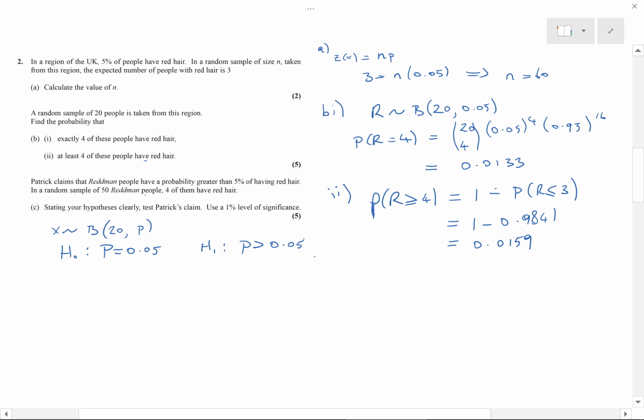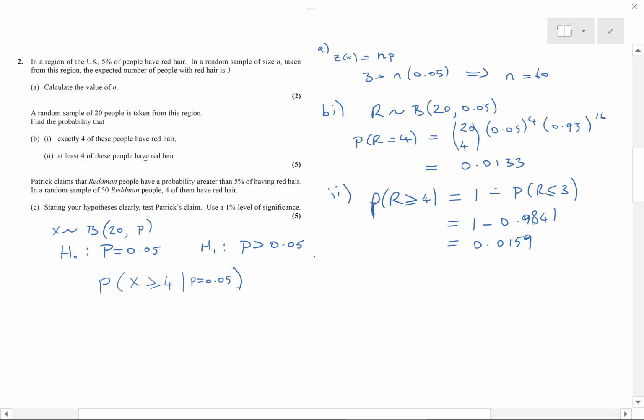Okay, so what we do is we work out the probability that x is this value of the test statistic we had, plus something even more surprising, greater than or equal to 4, assuming that our probability remains unchanged.